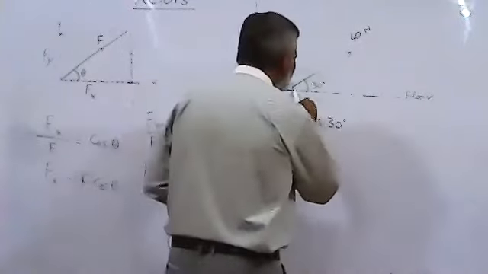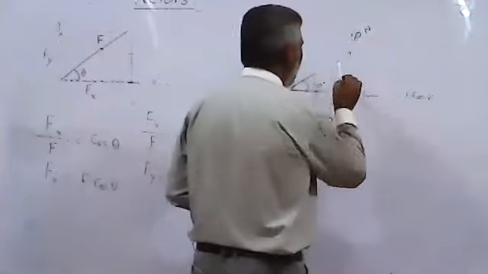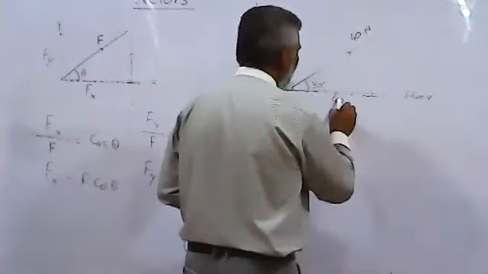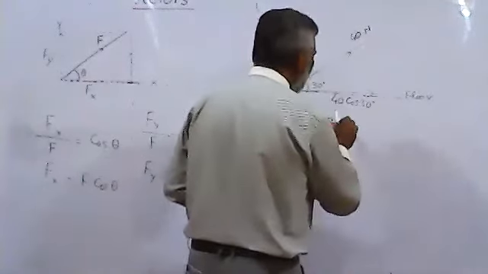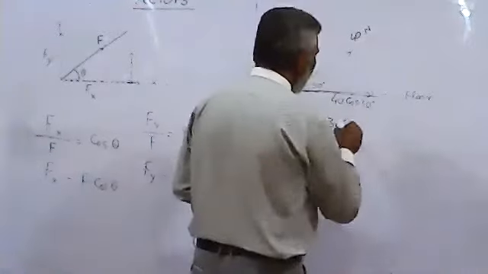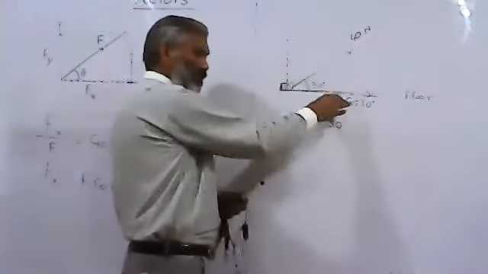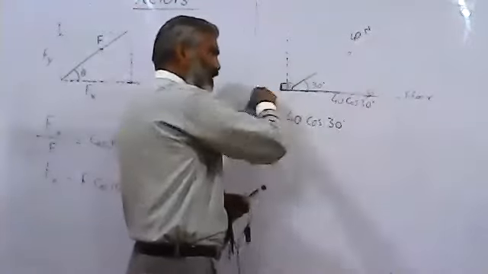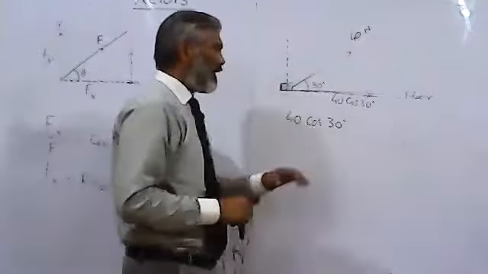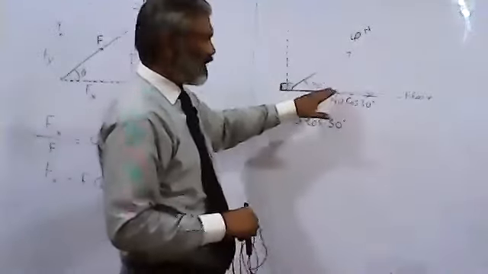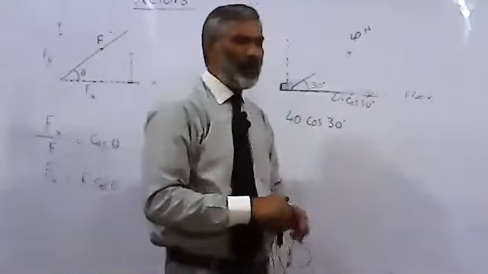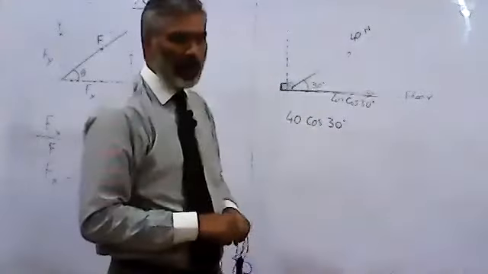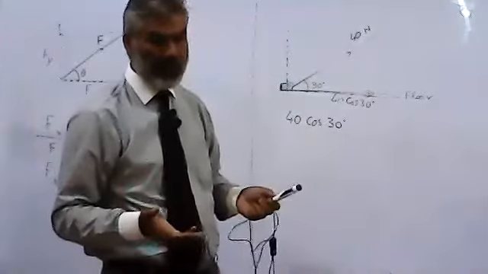It is this part of the force. This 40 multiplied by cos of 30 simply gives us the force which is a component of this force in this direction, and this part of the force is only responsible for the motion of this block on the floor if motion takes place at all.